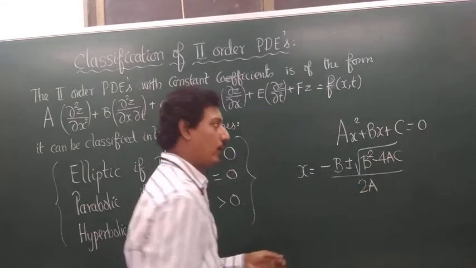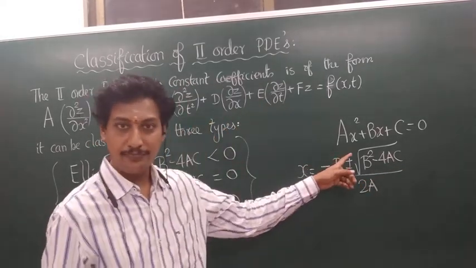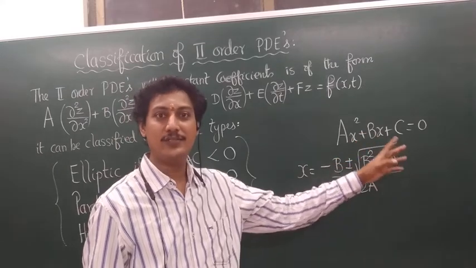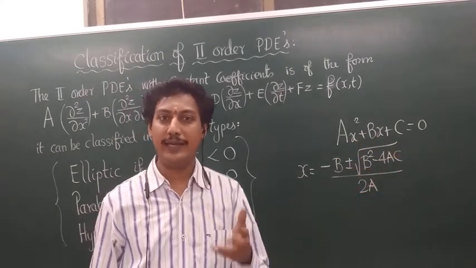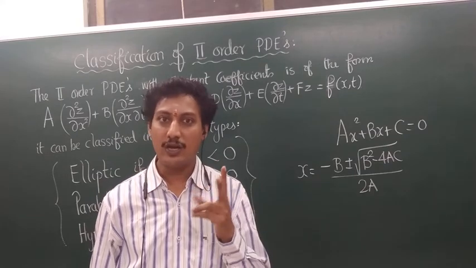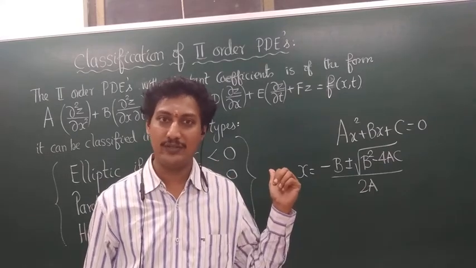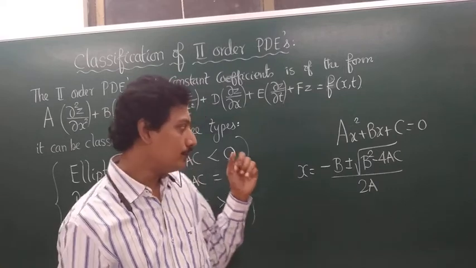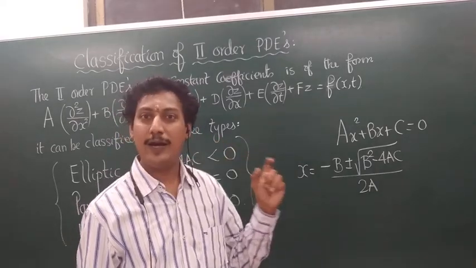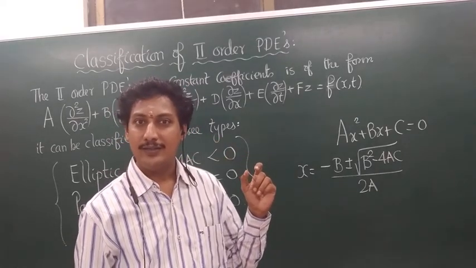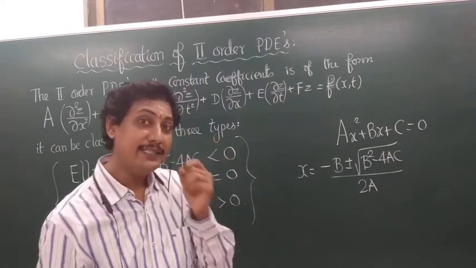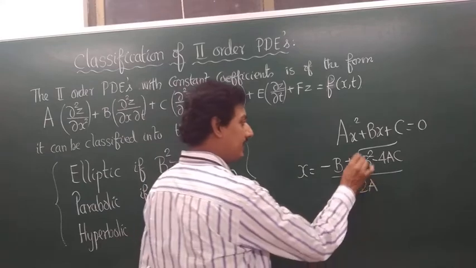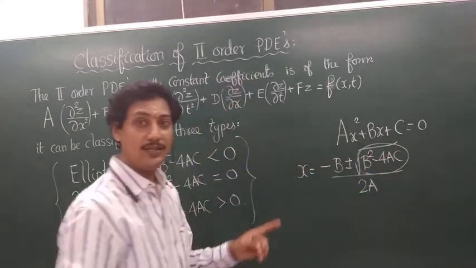Right? Here a is the coefficient of x squared, b is the coefficient of x, and c is the constant term. By using this quadratic formula, we may get the roots of this quadratic equation. It's clear? Now, in this formula, the nature of the roots depends only on this value.